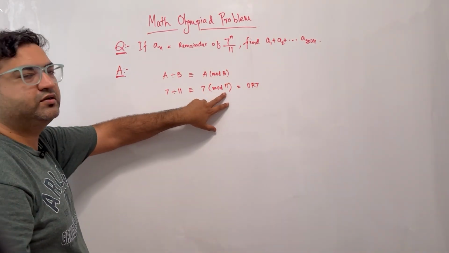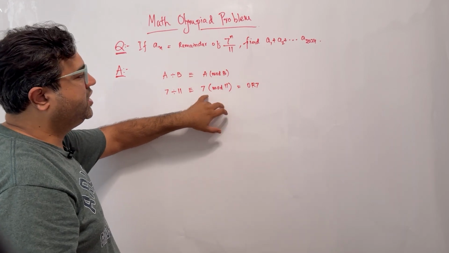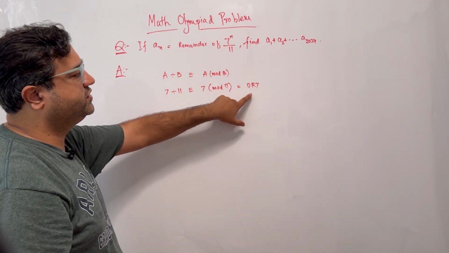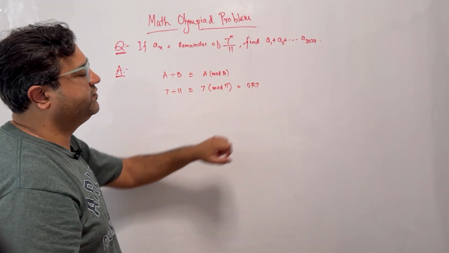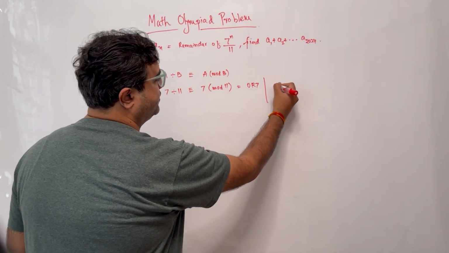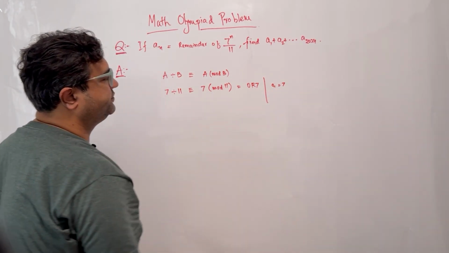So 7 is not divisible by 11, so the quotient is 0 and the remainder is 7. So here a1 is 7.